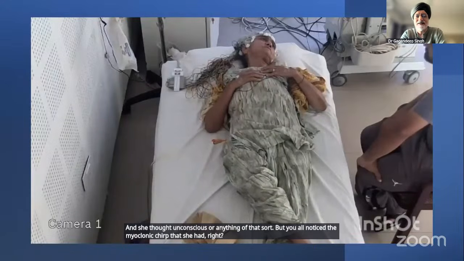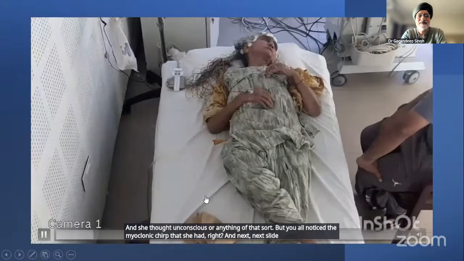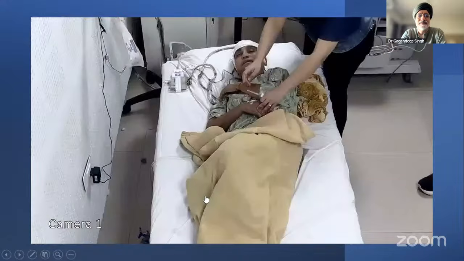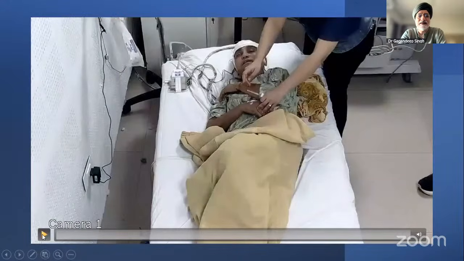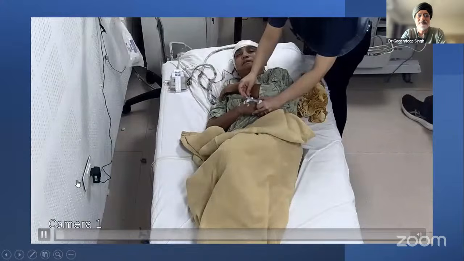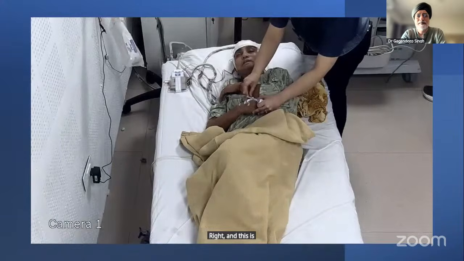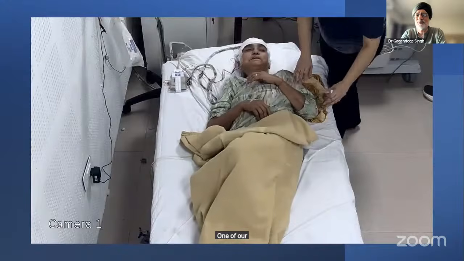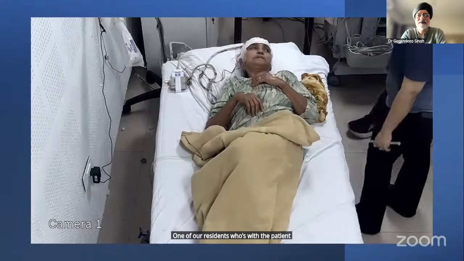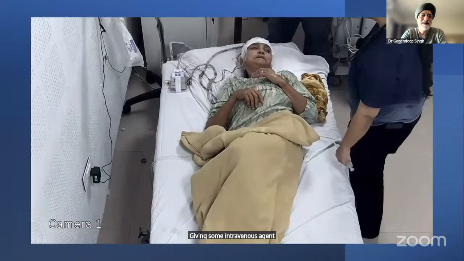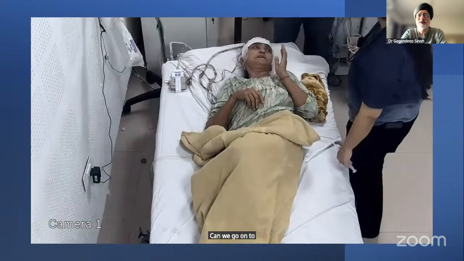And next slide. Right, and this is one of our residents who's with the patient, giving some intravenous agent. Can we go on to the next slide and show the EEG?